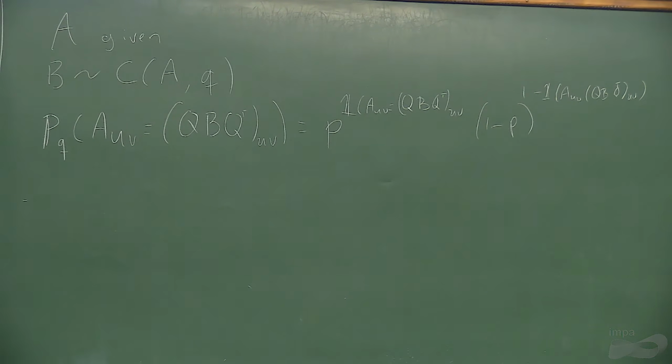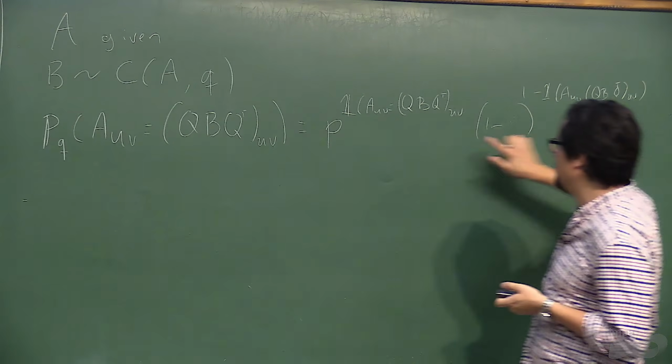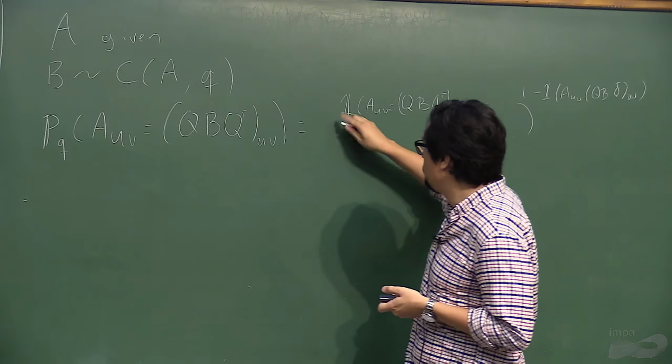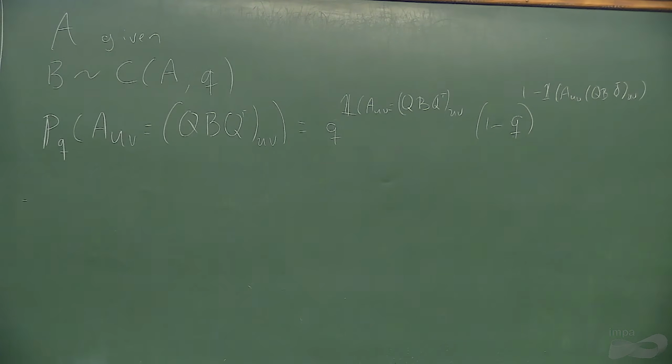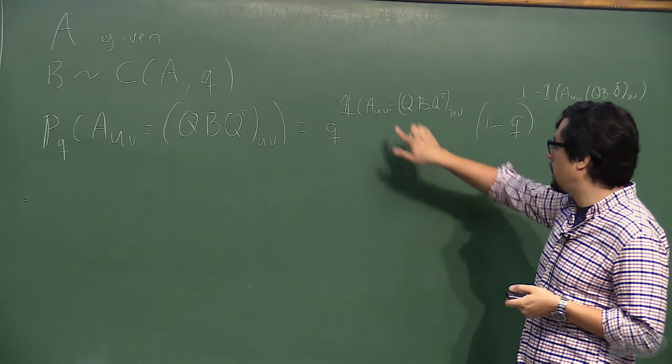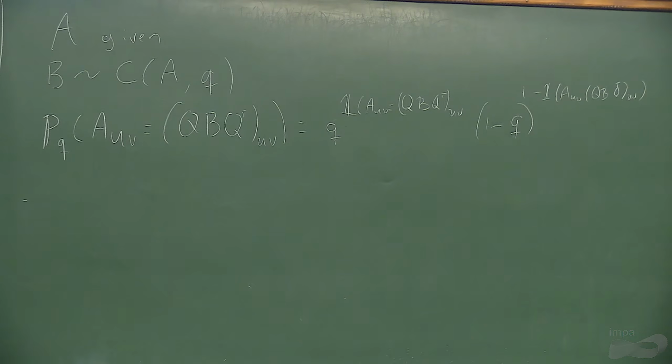Actually, this is Q, sorry. So we flip the edges. If Q is equal to 0, we keep the edge. So this is the likelihood, right?